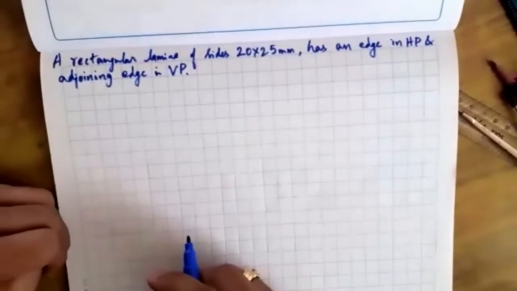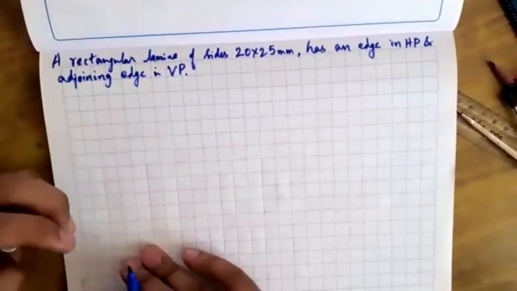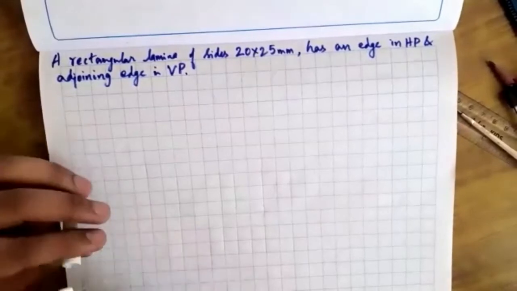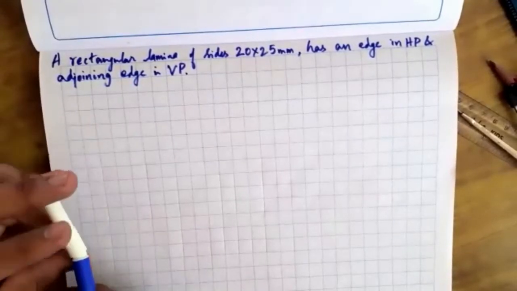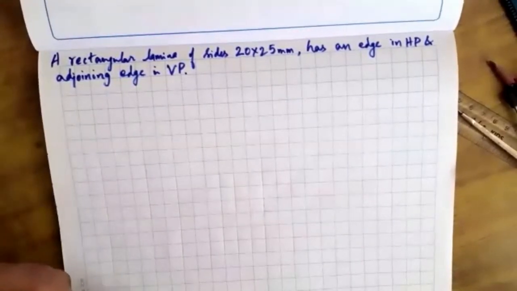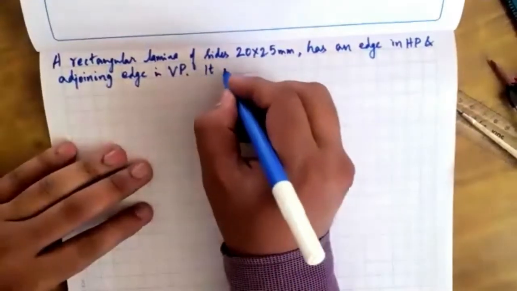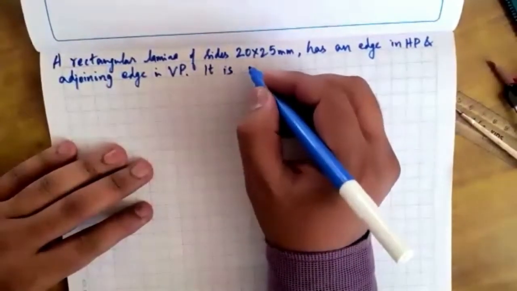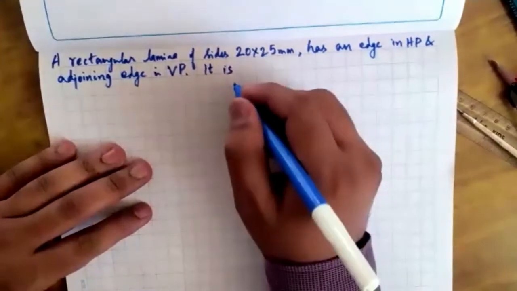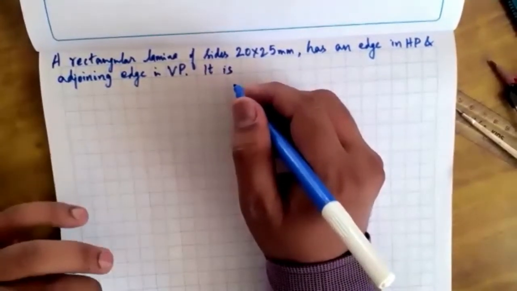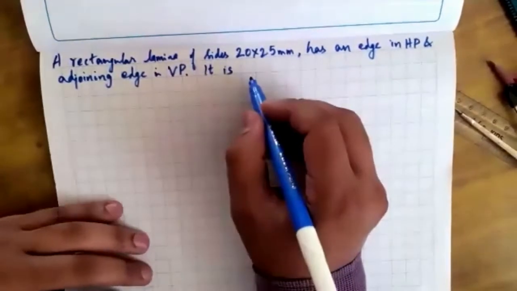One edge is in VP and the other edge is in HP. Dimension is 20 by 25 mm. Obviously, you can draw the true shape in the vertical plane, very important. We will see because of the next statement that is given.